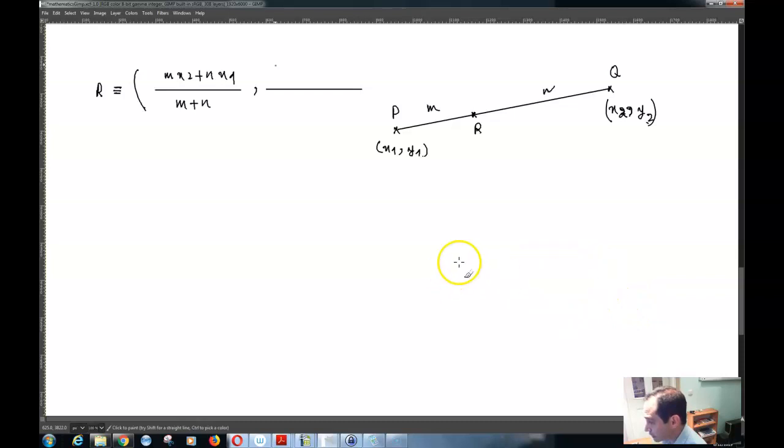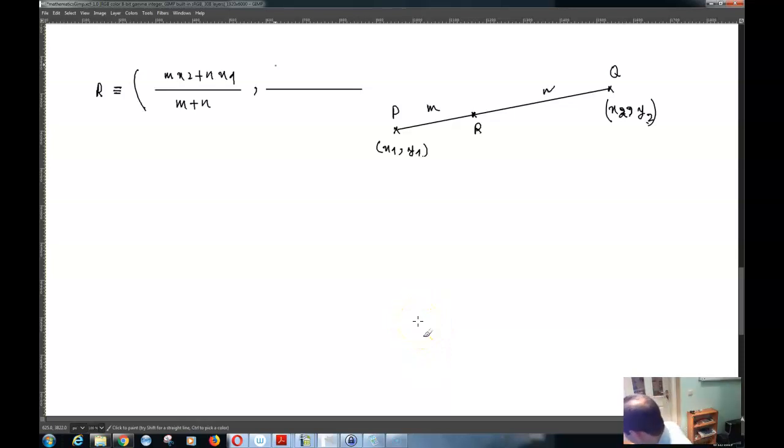So we say that C externally divides AB in the ratio 3:1. And what that means, actually, it's like a definition. What that means is that AC to BC, with C being a point outside of AB, the ratio of these two lengths is 3:1.